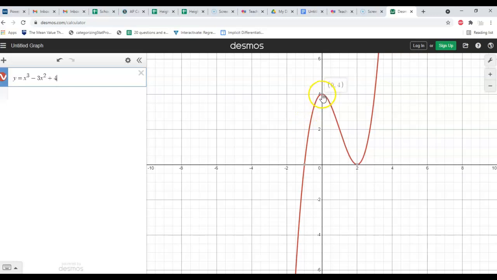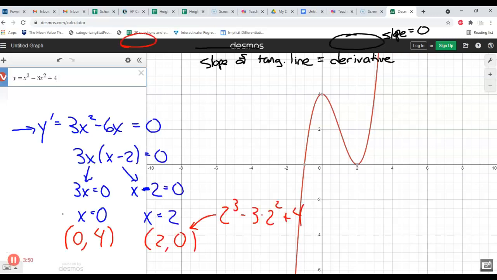So our 2 points where we found a horizontal tangent are at 0, 4 and 2, 0. So 0, 4 is right here, and then 2, 0 is right there. I didn't draw perfectly, but you get what I'm saying, right?